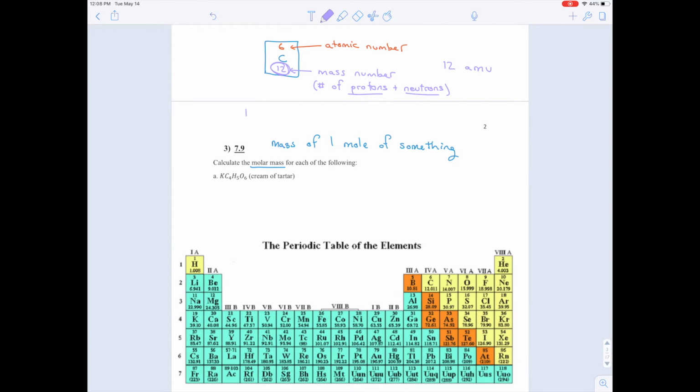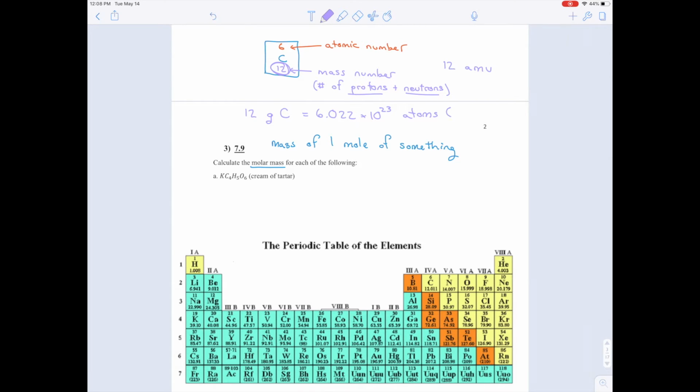But what if I took that same number and instead measured out grams? So instead of 12 AMU, I would have 12 grams of the element carbon. And then they counted up all the atoms in that, and it turns out there were 6.022 times 10 to the 23rd atoms.